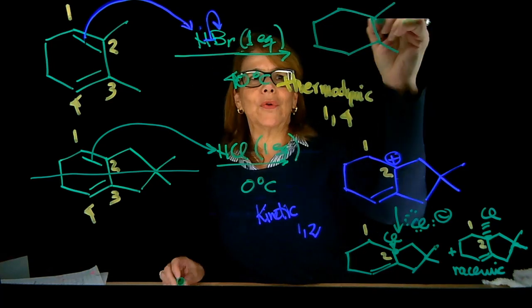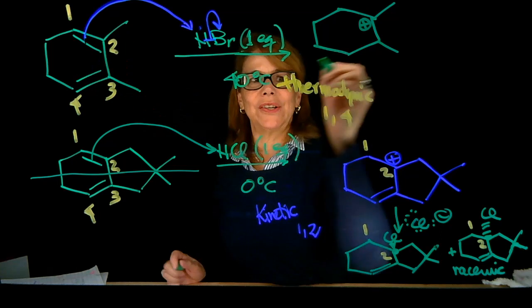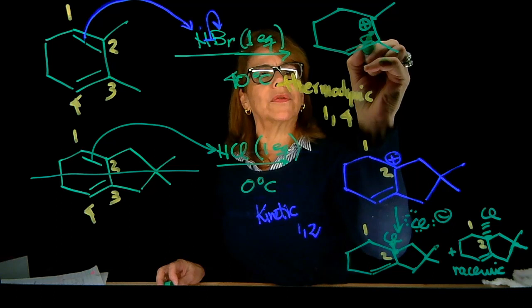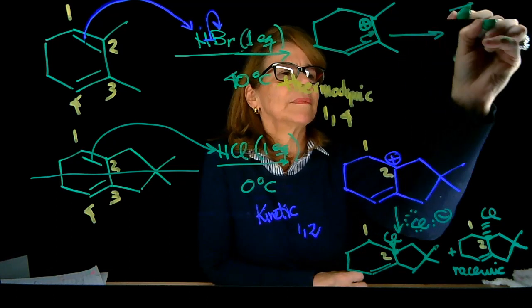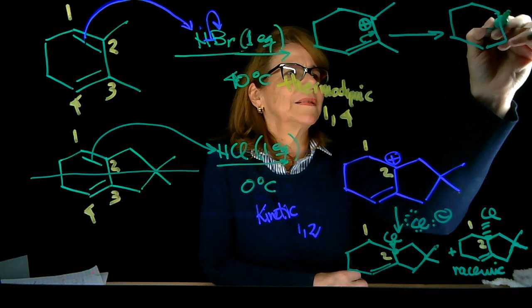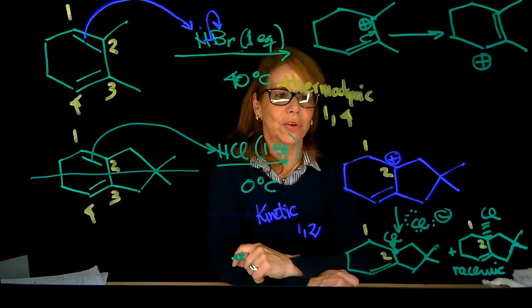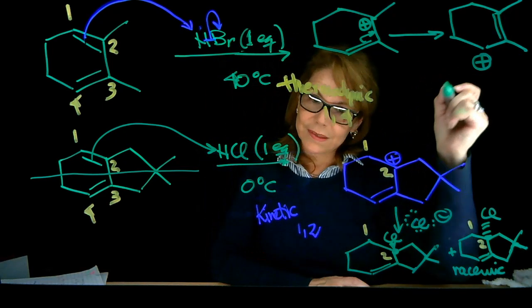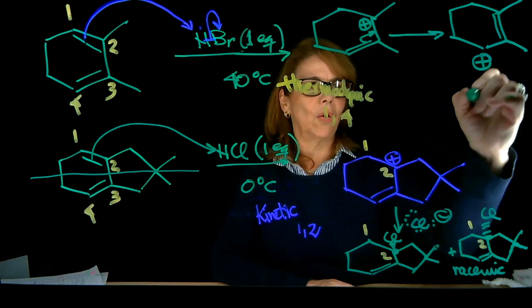If I form this carbocation by adding the H here, for the 1,4 product I'm going to draw this resonance structure. This is now a double bond here, and I have a positive charge here. And in that case, we will have the attack of bromide over that.